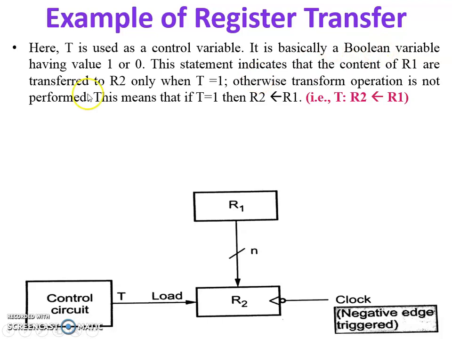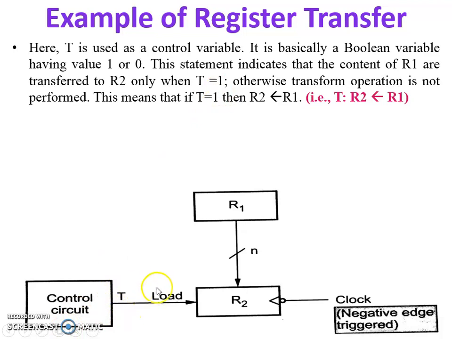It is basically a boolean variable, so T has only two values: T equal to 0 or T equal to 1. If T is equal to 0, then register R2 is not active, and if T is equal to 1, it means register R2 is active. So this statement indicates that the content of R1 is transferred to R2 when T is equal to 1.